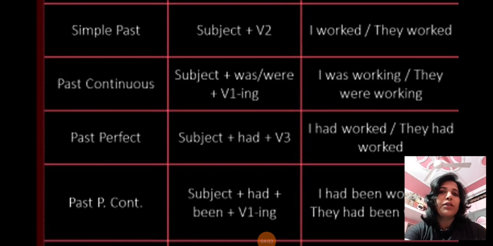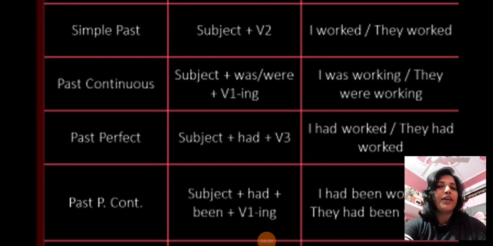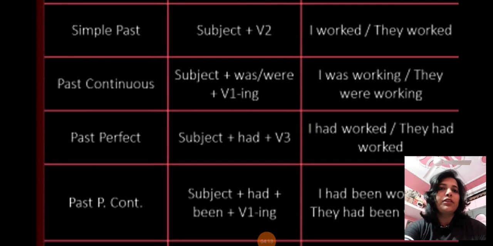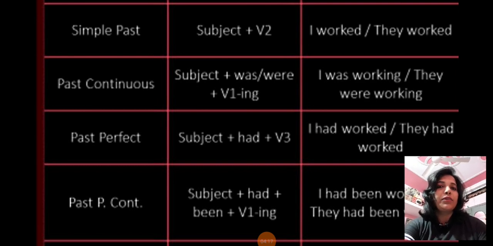In past perfect, subject plus had plus verb's third form. So I must say one thing, that the past tense is the best and simplest, because in simple past you will have to use the second form. In past continuous, ing plus was and were, only two helping verbs are there. And in past perfect also there is one helping verb, had.